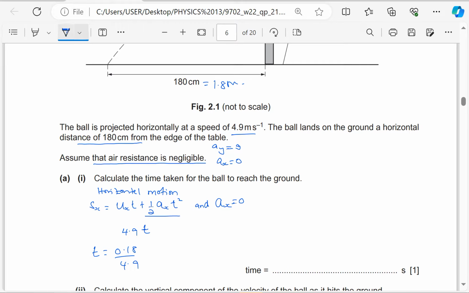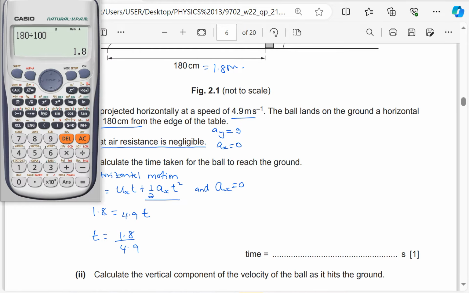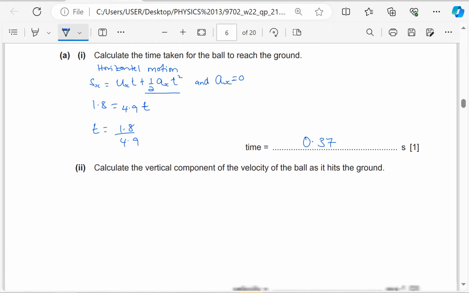I'm not good at math. So this is 1.8. Okay, so I have to check this again. 1.8 divided by 4.9, that is 0.37. So I'll just write 0.37 seconds.